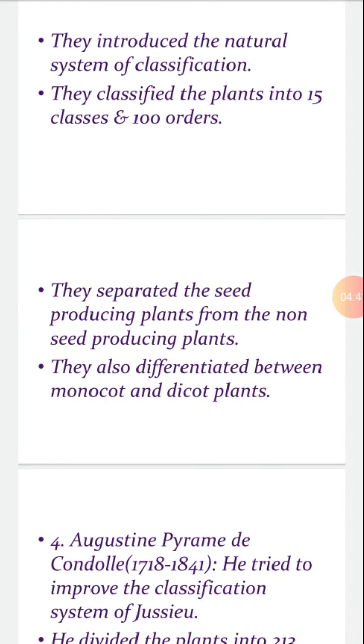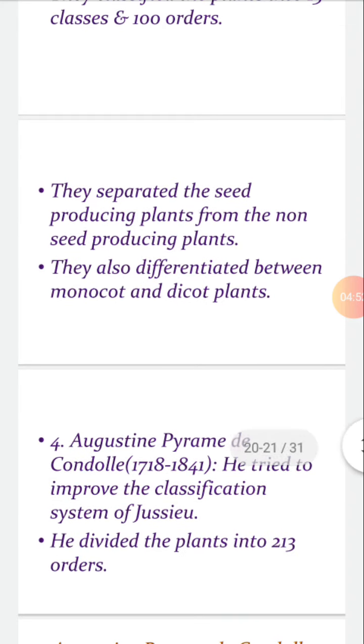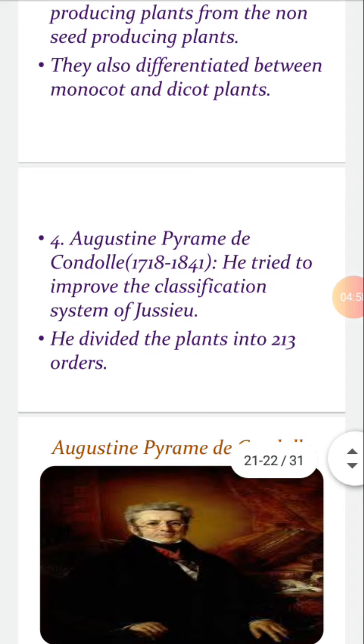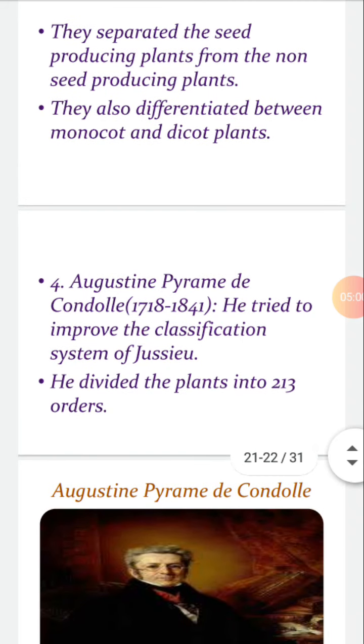Fourth was Augustin Pyramus de Candolle, 1778 to 1841. He tried to improve the classification system of Jussieu. He divided the plants into 213 orders. Picture of Augustin Pyramus de Candolle.